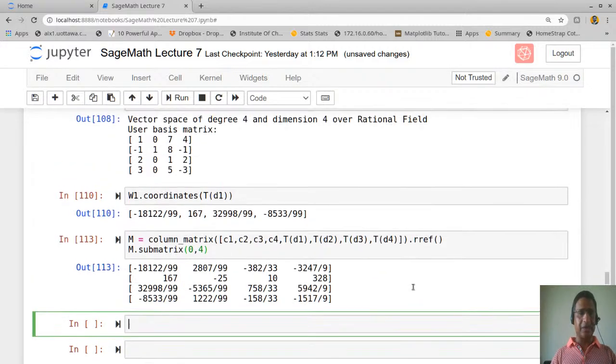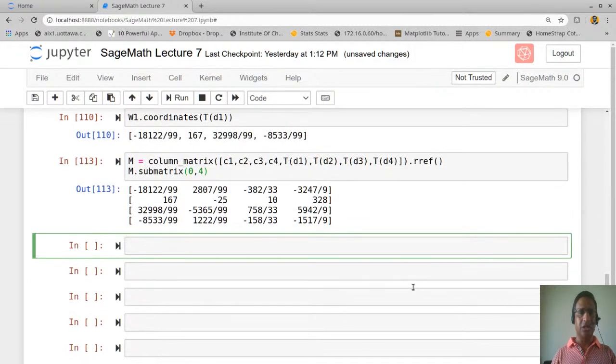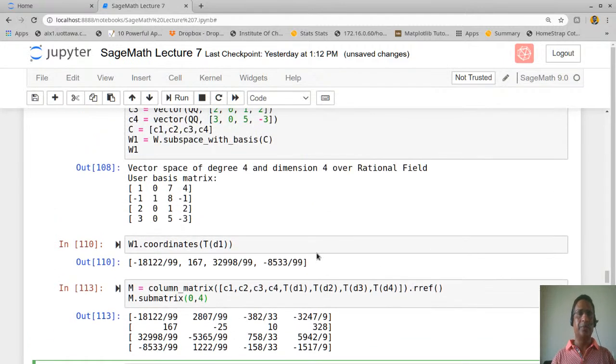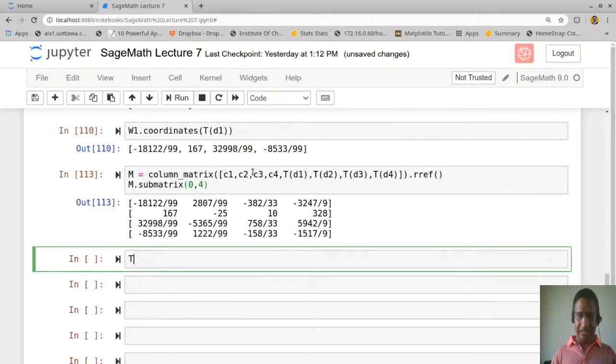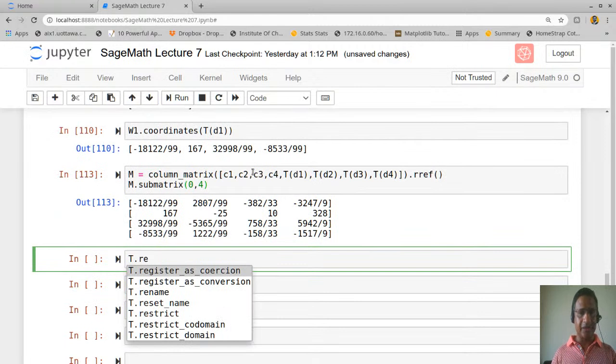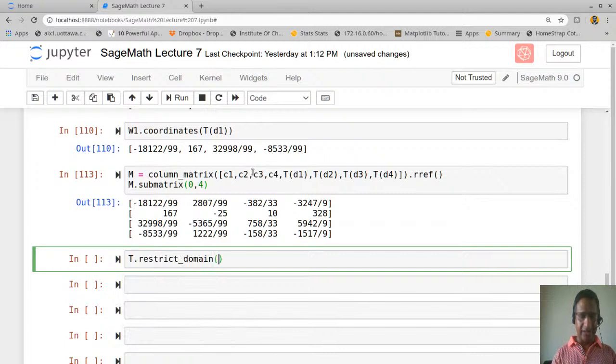Next, let us see how we can do this with the inbuilt function. For that you need to restrict the domain and codomain to the subspaces spanned by the bases d and c. So we'll say t dot restrict, first domain we will restrict to d, right, and then restrict codomain to c.